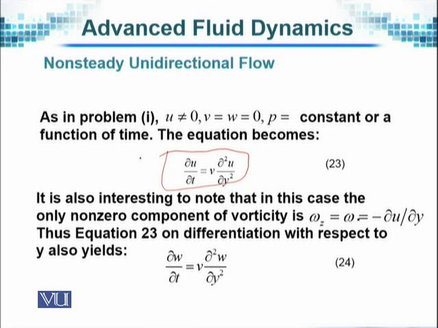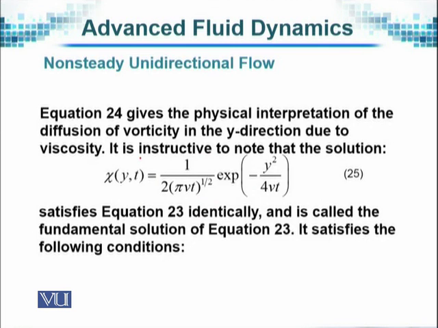So the mathematics, therefore, is very standard, and we obtain the solution to be of the form chi is equal to 1 over 2 times the square root of pi nu t, to the power half, times exponential of minus y square divided by 4 nu t.